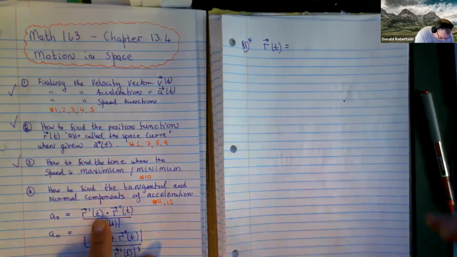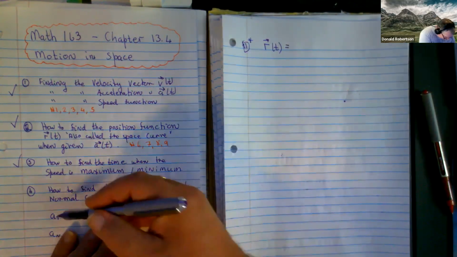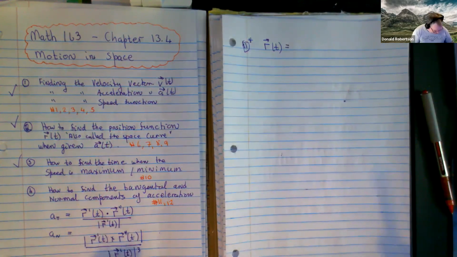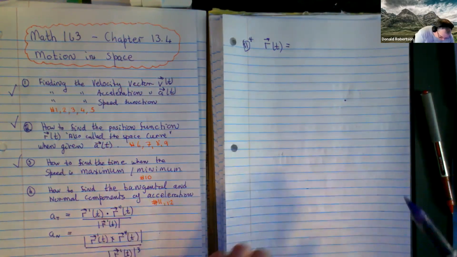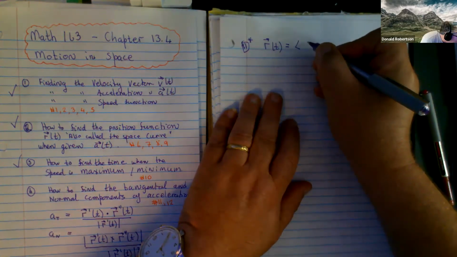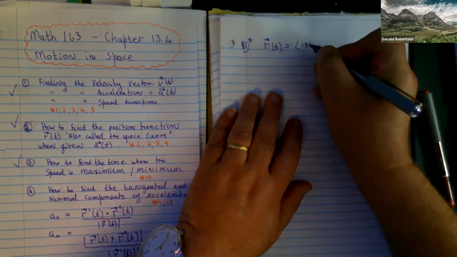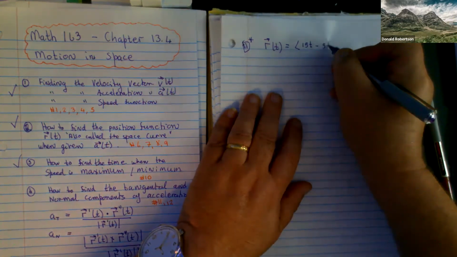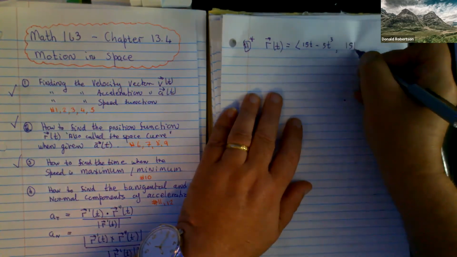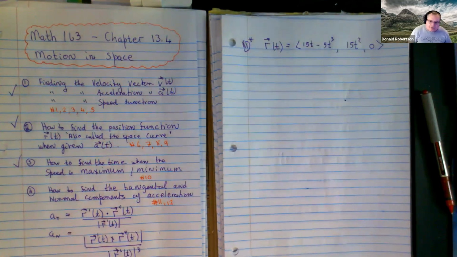So let's look at this one here. To get the unit tangent vector, I need to know the first and second derivatives. In fact, to get this one, I also need the first and second derivatives. So my first stage would be rewriting these like this. That's the way I'm going to rewrite this.